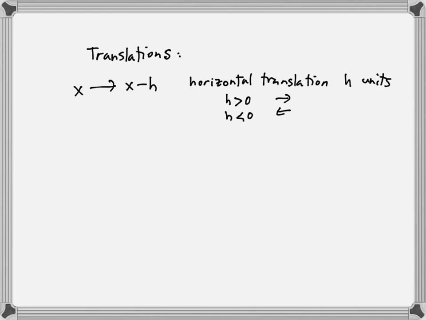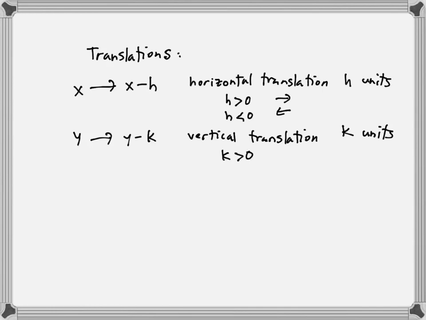Okay. If you replace y with y minus k, then this is a vertical translation of k units. If k is greater than 0, it's up. If k is less than 0, it's down.